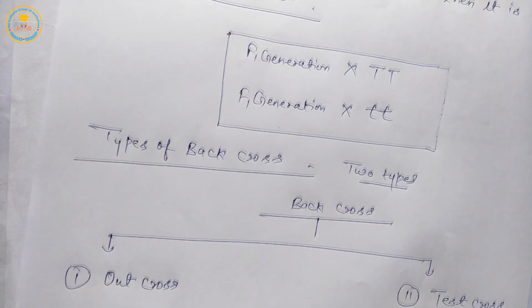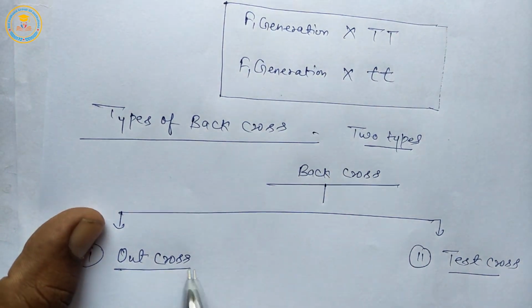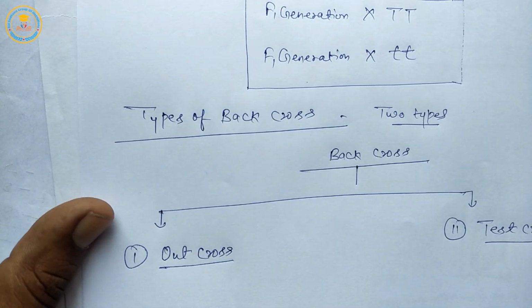Mostly two types. First is outcross, and second is test cross.